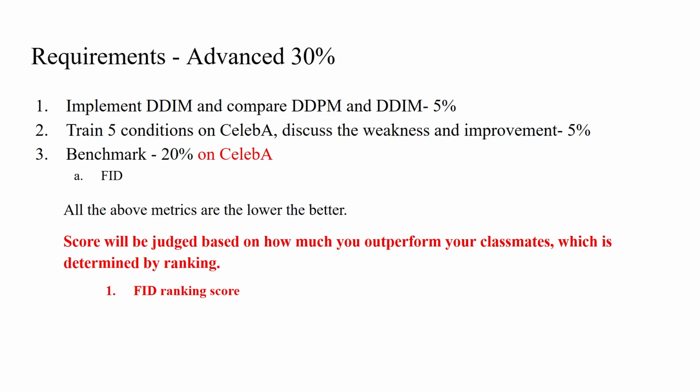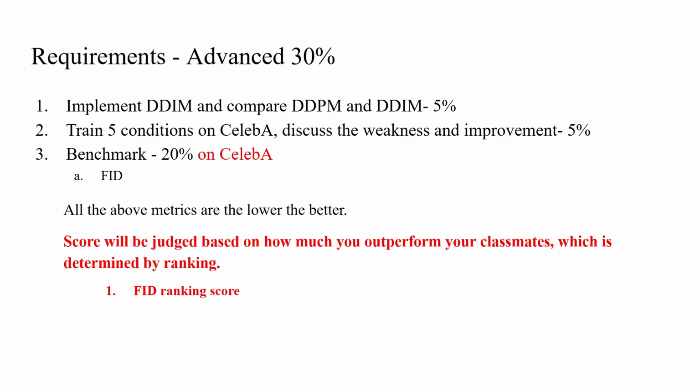In the basic section, you only need to train 1 condition, which is smiling and non-smiling. For the advanced part, you need to train the 5 conditions, and you can choose any conditions you think are feasible.